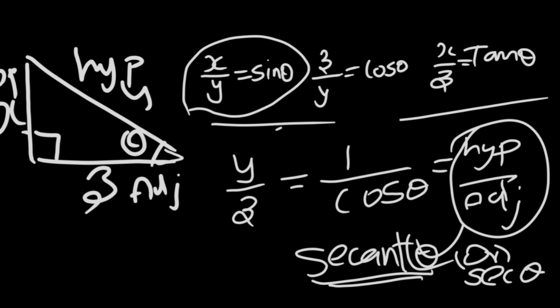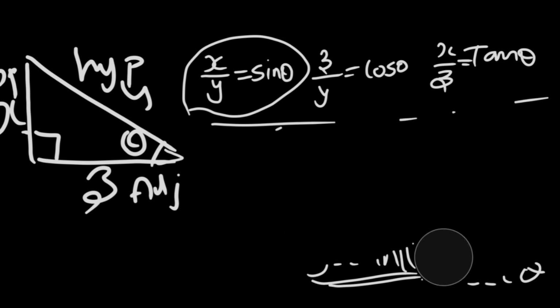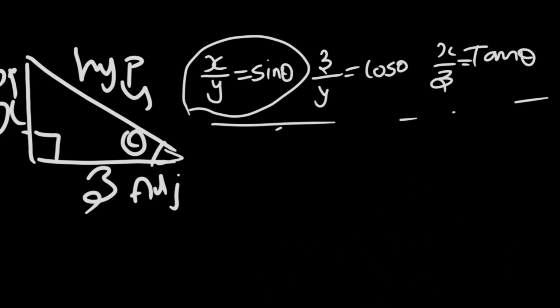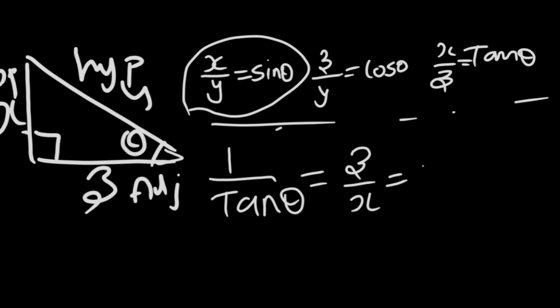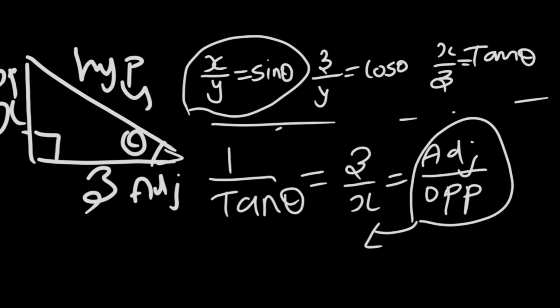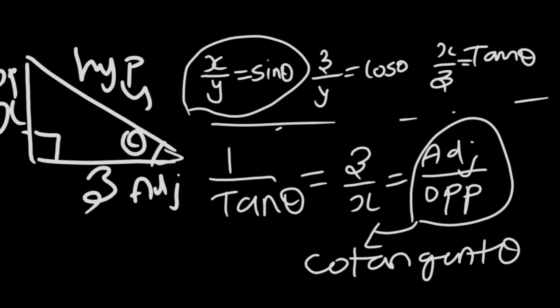And the next one, the last ratio, is the reciprocal of tan theta. The reciprocal of tan theta is z by x, which is adjacent side to theta by opposite side to theta. This we'll call cotangent theta, and the short form is cot theta. This is more familiar than cotangent theta. So adjacent by opposite is cotangent theta.